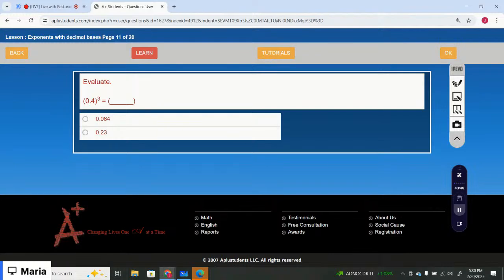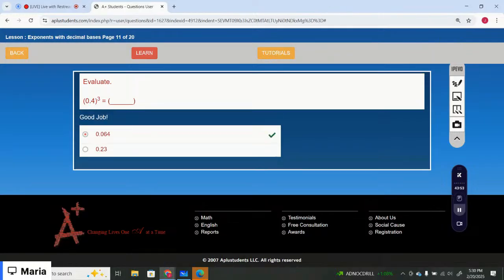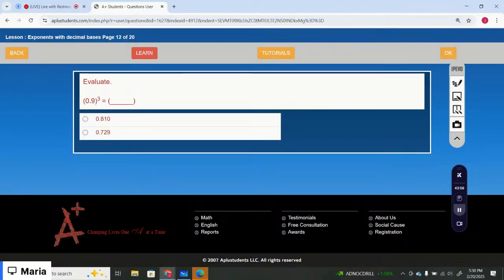Option number 1 is the correct option, that is 0.064. 0.9 cube equals, that is 0.729. Option number 2 is the correct option.